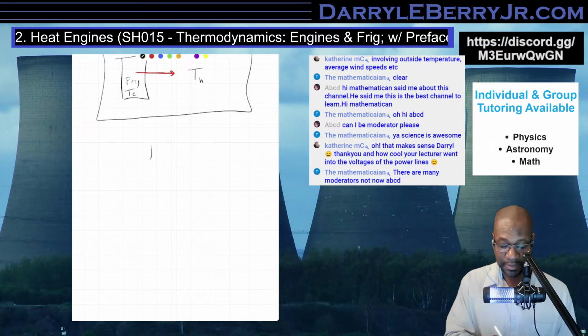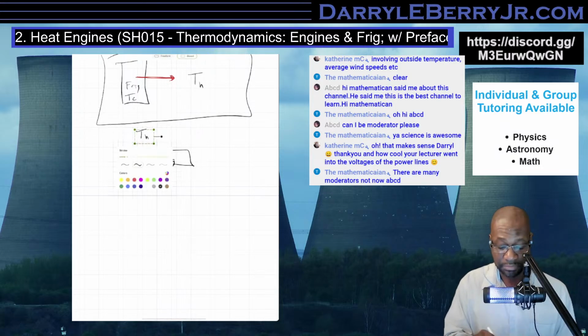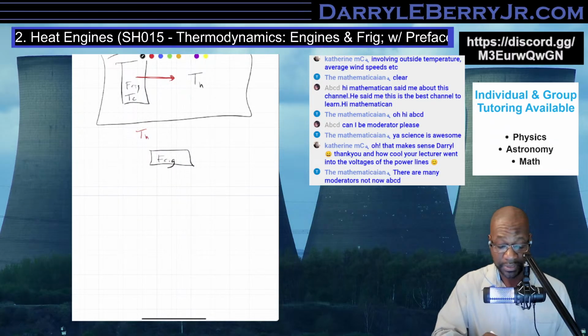So we have a fridge. Now we still have our heat reservoir, but now it's the room, and I'll still keep that red. In this case, we're dumping energy, as we said earlier, into the heat reservoir.